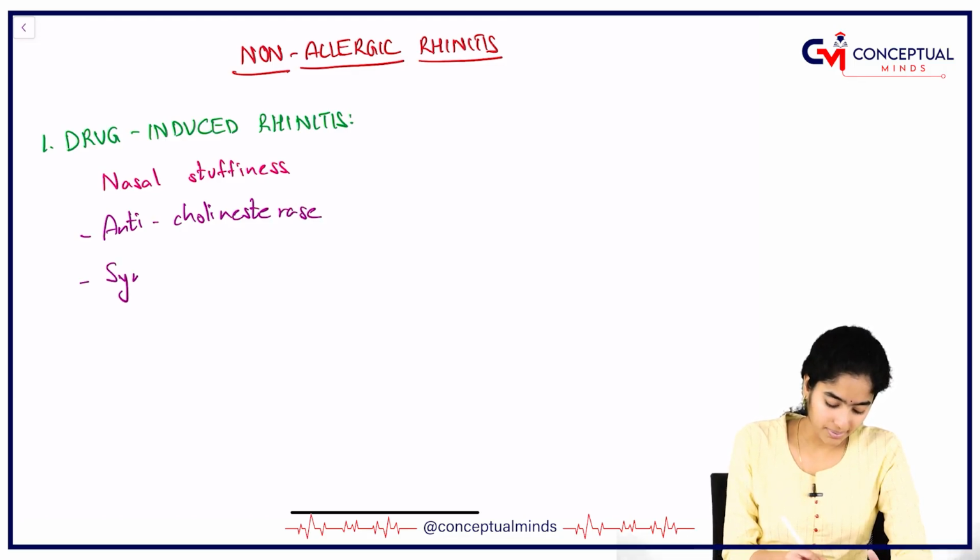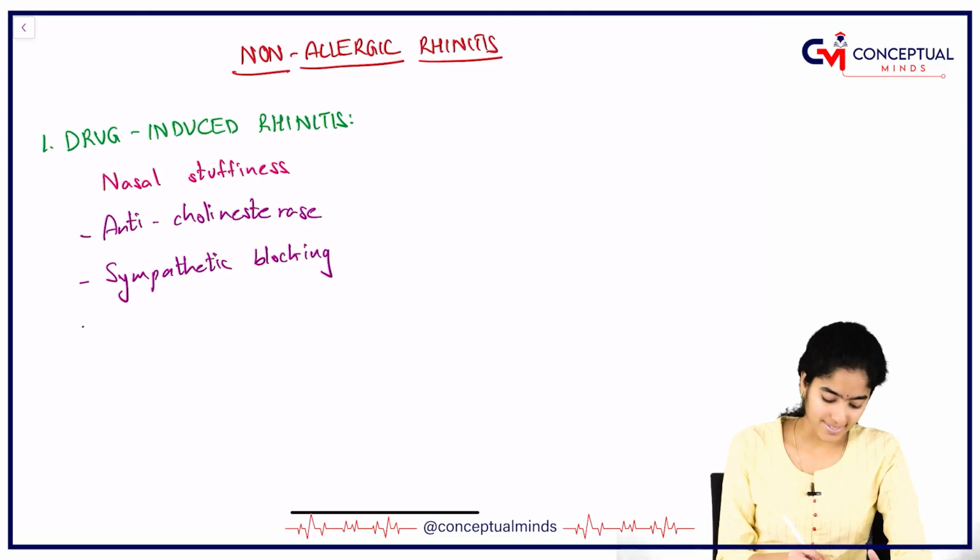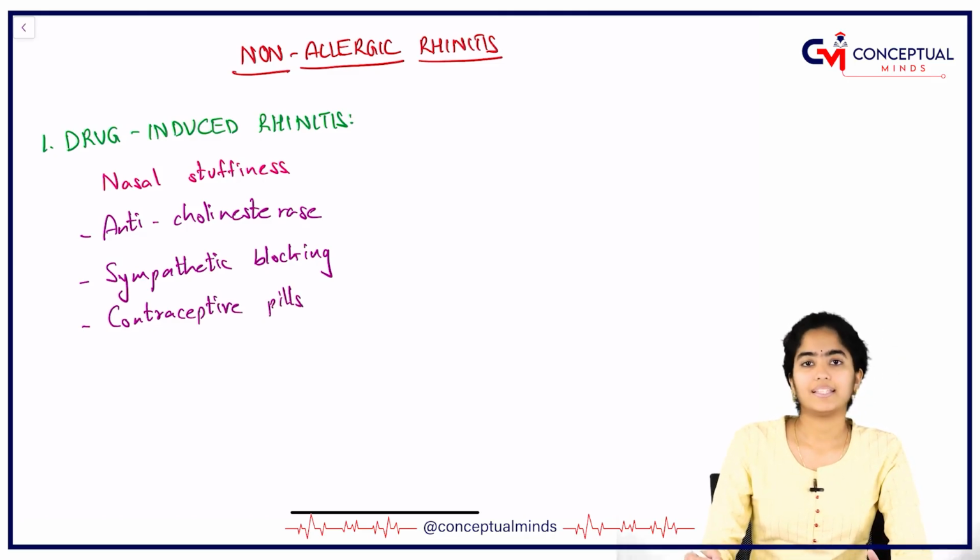Second, sympathetic blocking drugs, for example, antihypertensives. And also oral contraceptive pills. These three you have to remember under drug-induced rhinitis.